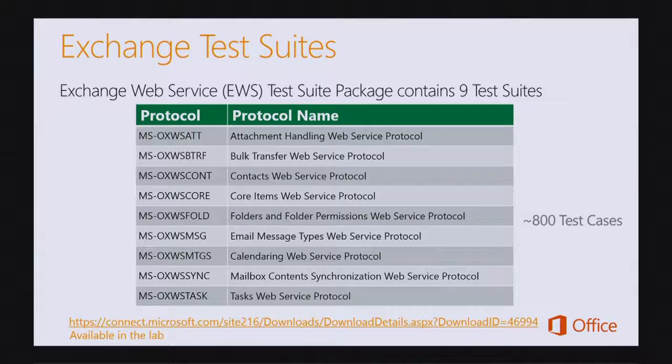In the labs out there, we have set up Exchange Server with our test suites. Some of which are actually released, like the EWS test suite. We released it, I think, last year, maybe December. So it's already available outside, and we've also made it available in the lab, so you can run the EWS test suite. Right now we have about 9 protocols in the test suites.